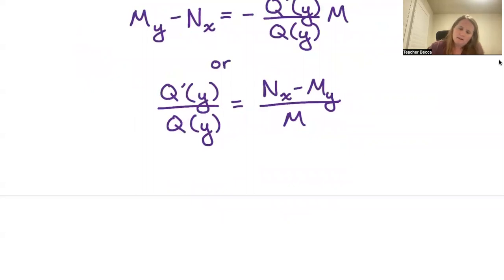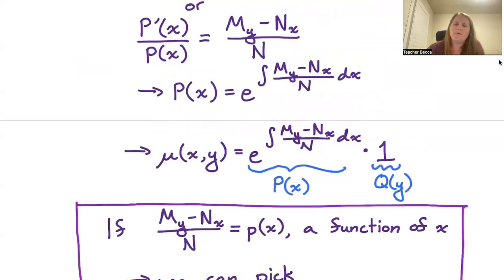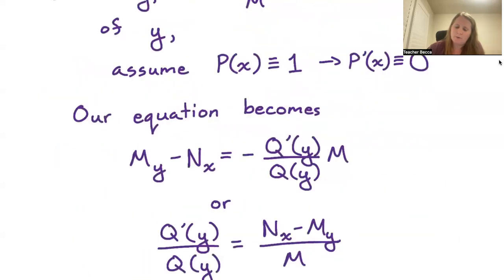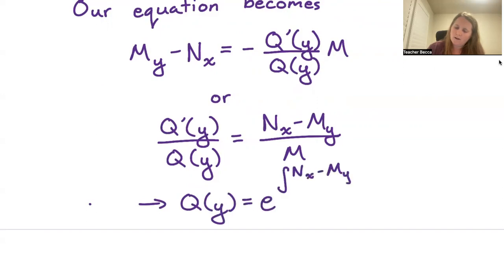Again, solving this, we get a similar solution to what we had previously. We again have just a separable equation already separated out. We get that q of y is equal to e to the integral of nx minus my over m dy.